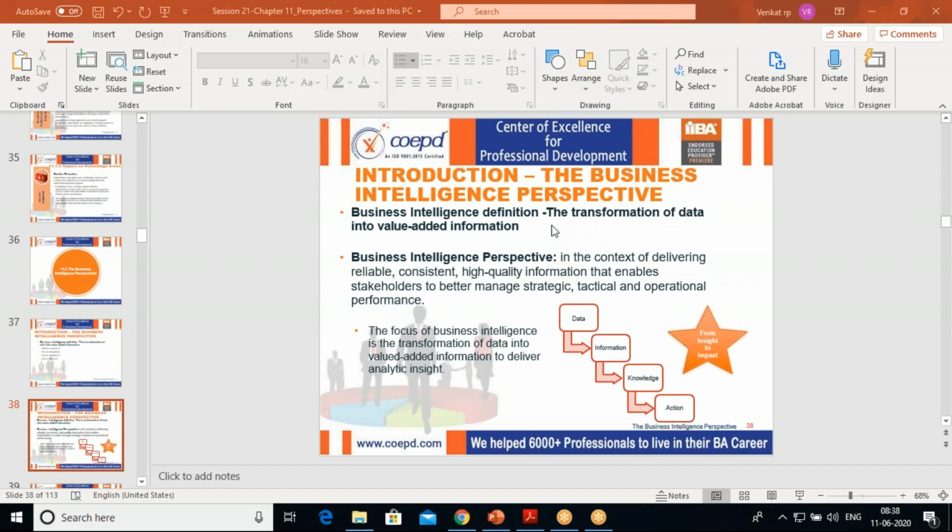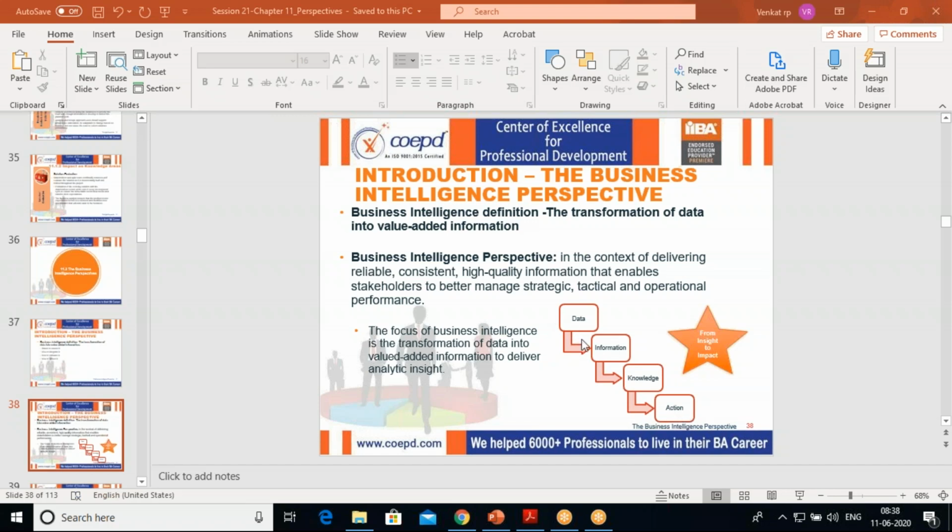Business intelligence is the transformation of data into value added information. Here we are discussing how data is transformed to information, from information to knowledge, and from knowledge to action.